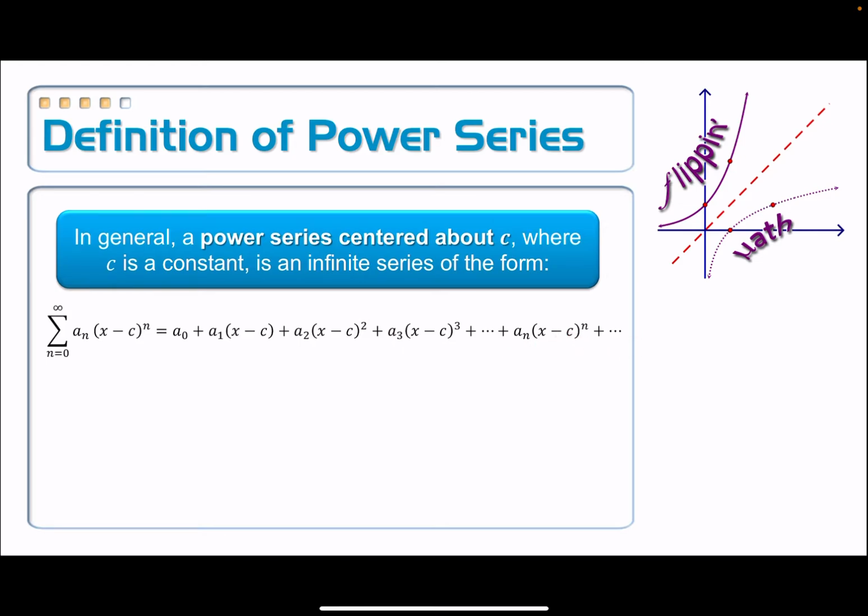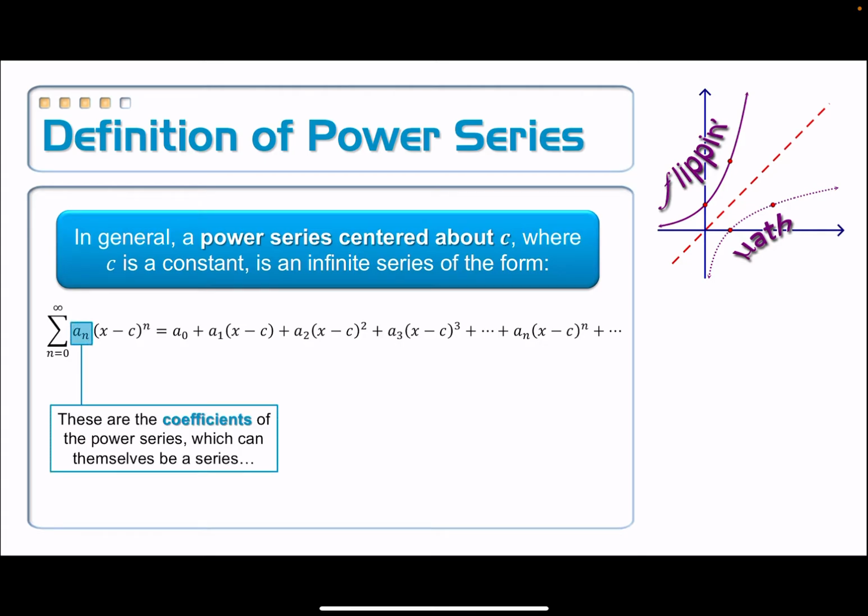That's exactly the same as in the Taylor polynomials. Then you have some coefficients, this a sub n, the coefficients of each term, and here were some examples. There is another connection between the definition of a power series and the Taylor polynomials we just looked at, and here it is.